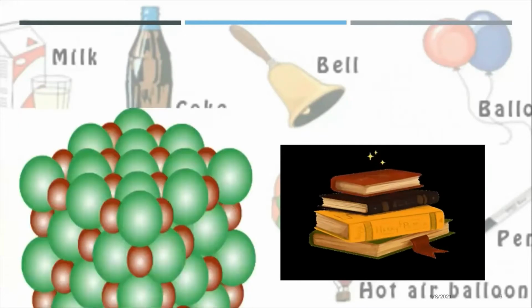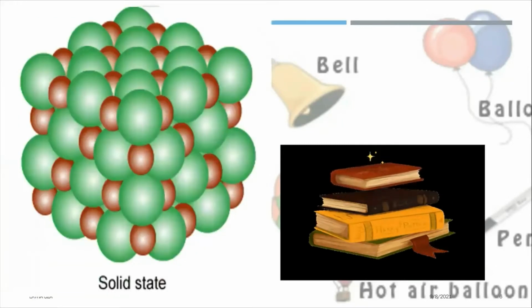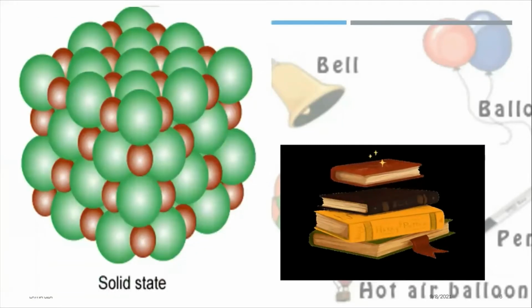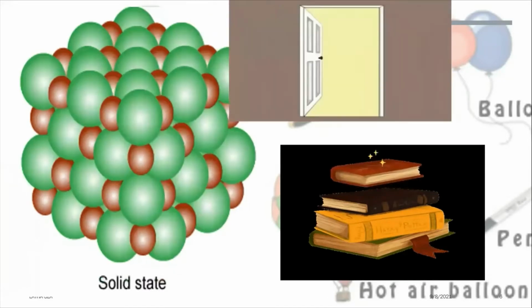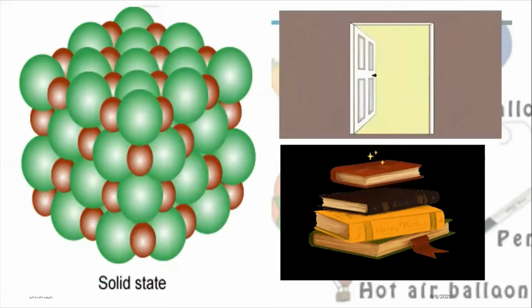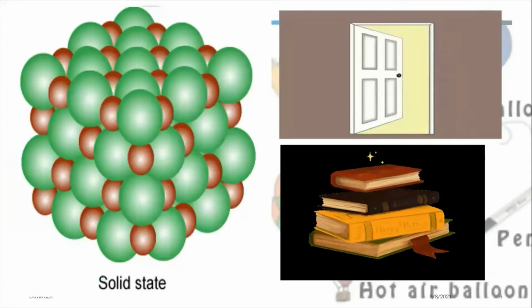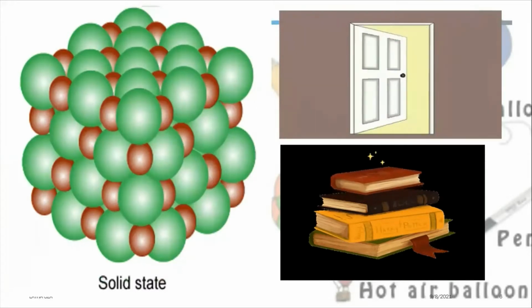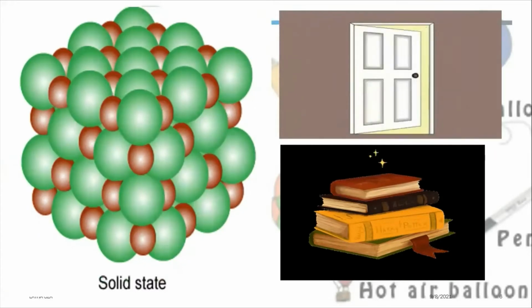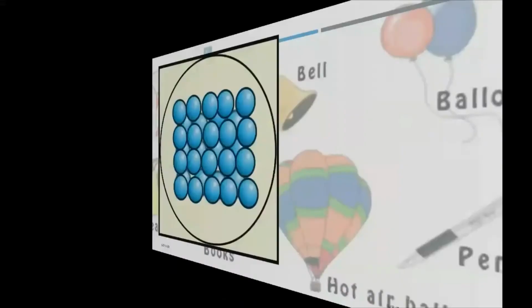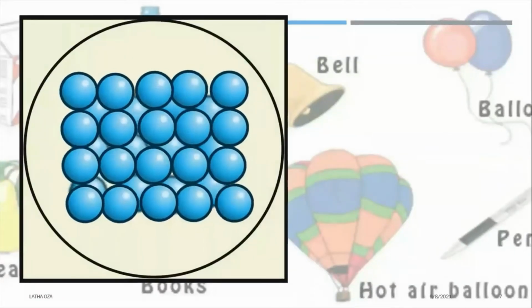Solids have fixed shape. Solids have definite volume. Solids do not flow, and the molecules in solids are tightly packed. There is no space between the molecules, so they cannot move around.